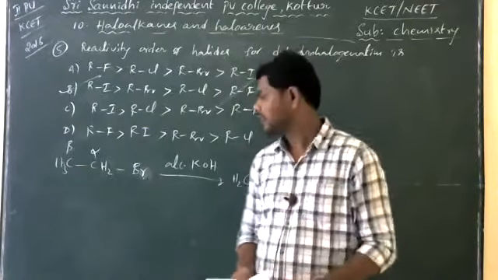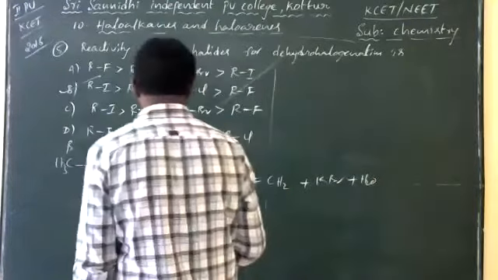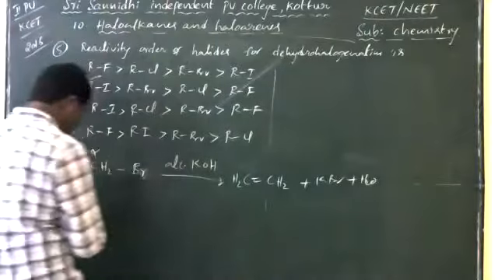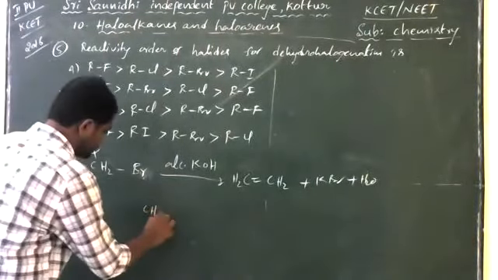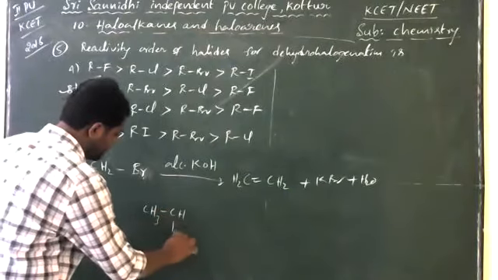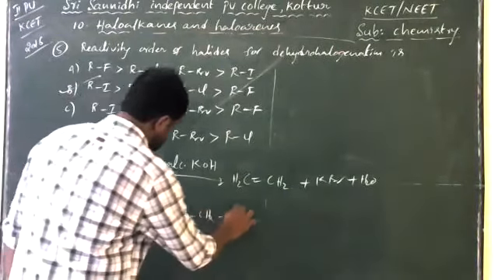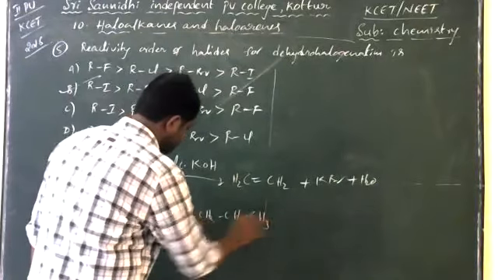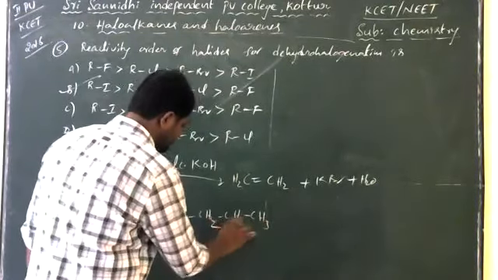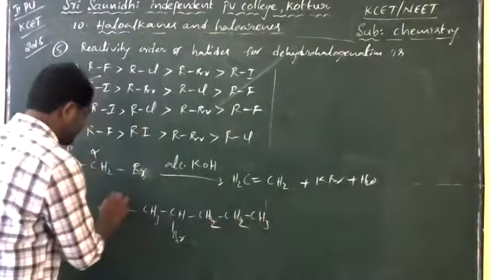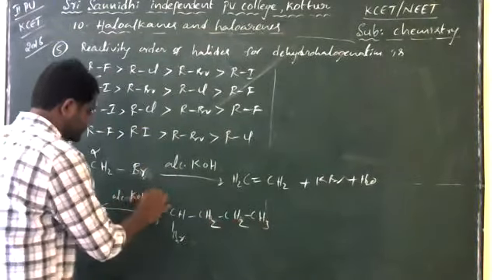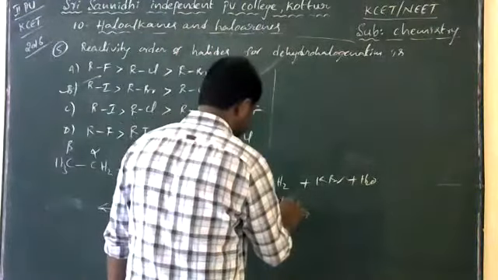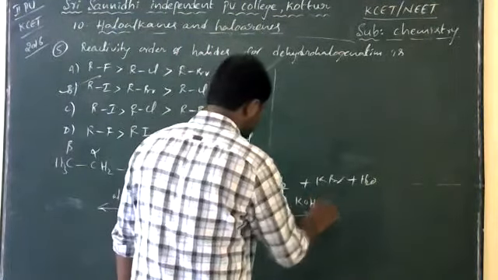Let us take an example: CH3CHBrCH2CH2CH3. Once you observe this compound, you add alcoholic KOH, the best dehydrohalogenating agent, right?